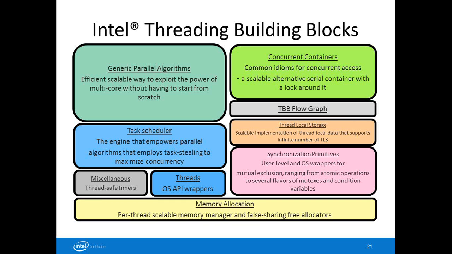If you are doing a lot of computation which can be done in generic parallel algorithms, TBB is the best library to be used in your applications. Similarly, if you have concurrent containers, you can make use of TBB to really fetch data and store back data simultaneously.